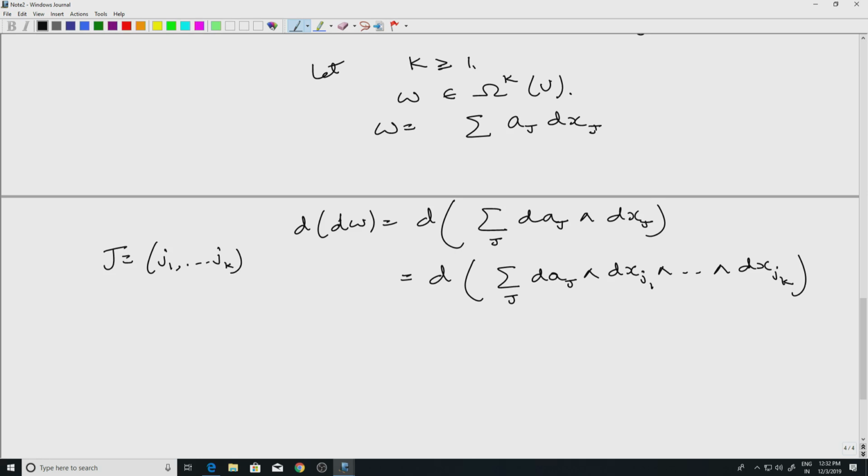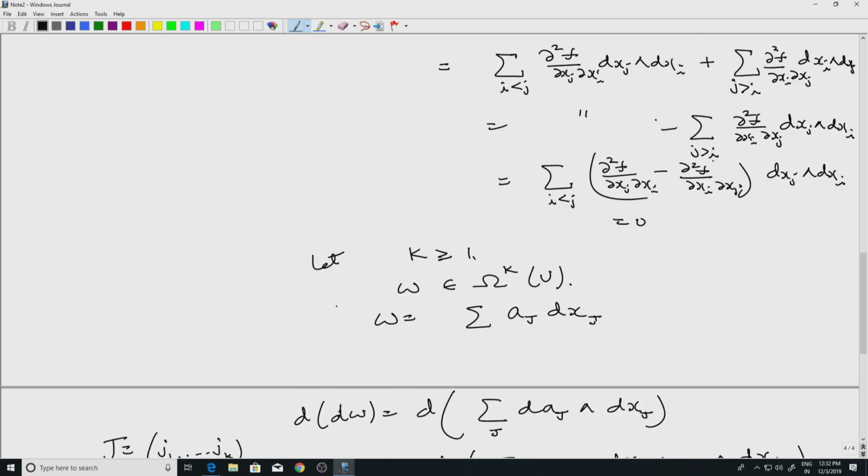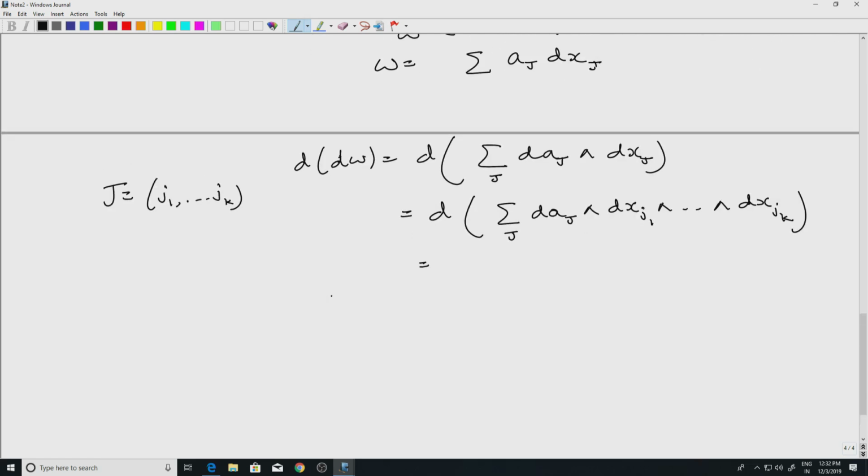So well, now I'll just use this step 2 which says that the d of a product obeys a sort of Leibniz rule, except that the second term acquires a negative sign depending on the degree. In this case, if one has to apply Leibniz rule, there are k plus 1 terms here.